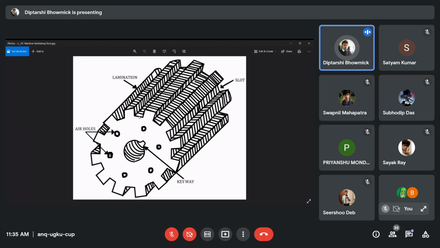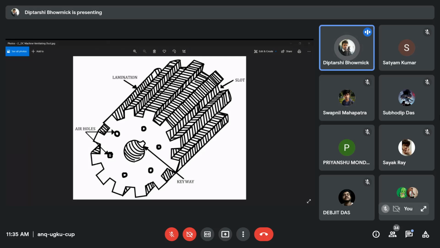The groove is basically the slot. The distance between two slots is known as the slot pitch. How can you measure it? You can measure the periphery, that is pi d, or 2 pi r. You have measured the diameter, so pi d is enough. So pi d divided by the number of slots will give you the distance between two slots. Clear? Okay.